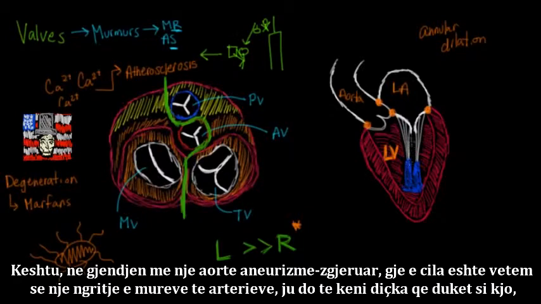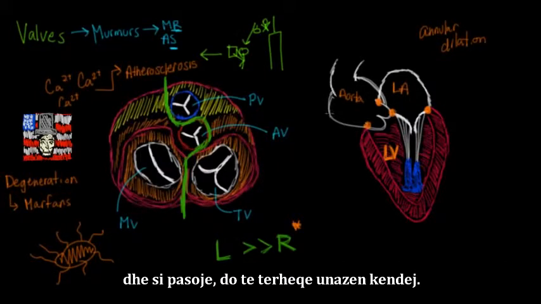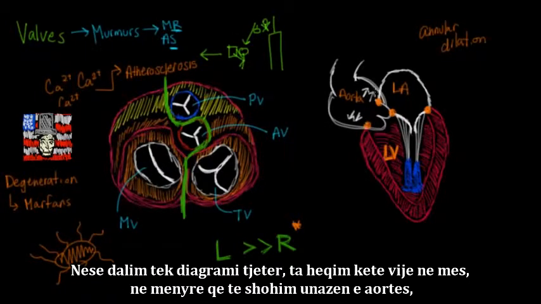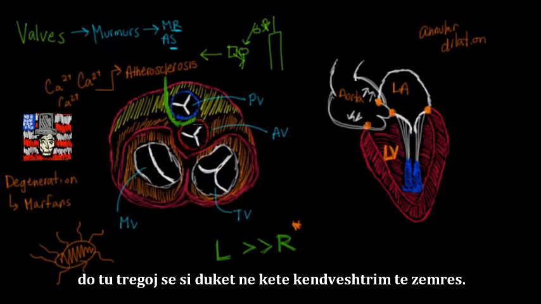In a condition such as an aortic aneurysm, which is really just a ballooning out of the walls of an artery, you would have something that looks a little more like this. As a result, it's going to pull the annulus this way. If we come over to the other diagram for a second and get rid of this line down the middle so we can see the aortic annulus, I can show you what that would look like in this view of the heart.